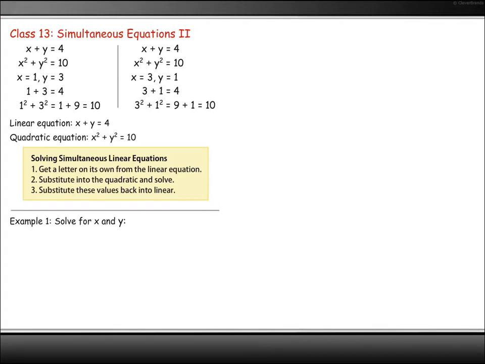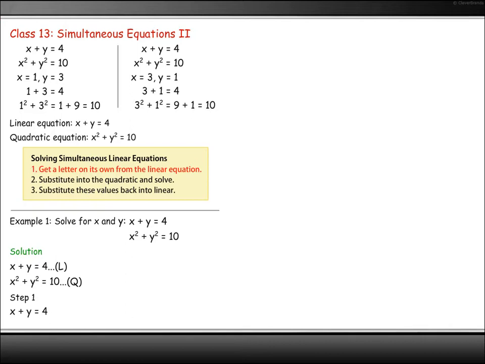Example 1. Solve for x and y. The first equation is the linear and the second the quadratic. Step 1.